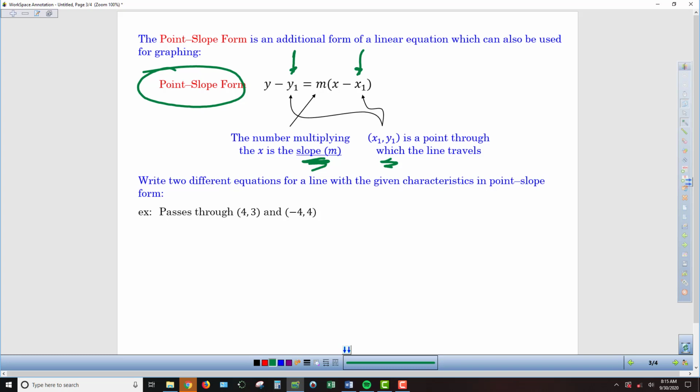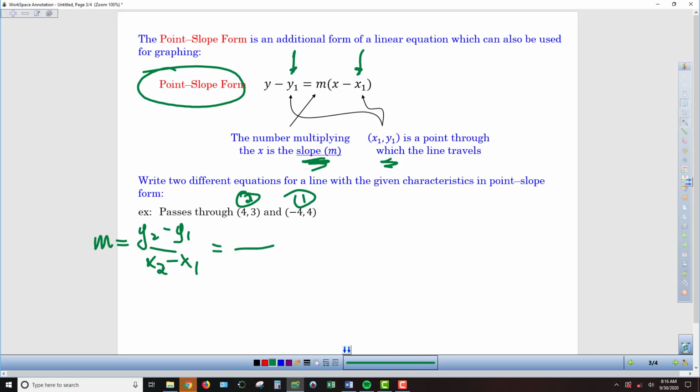So we're going to use that same slope formula, m equals y2 minus y1 over x2 minus x1. And so I'm just going to designate these as, this time I'm going to use this one as point 2 and this one as point 1, just so that the one with the positive values comes first.